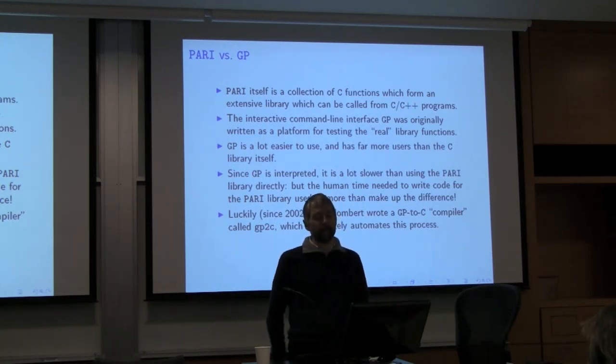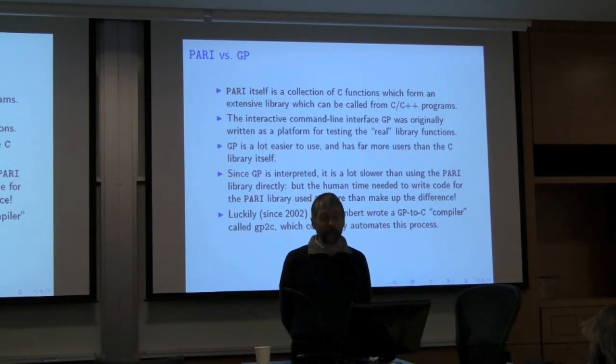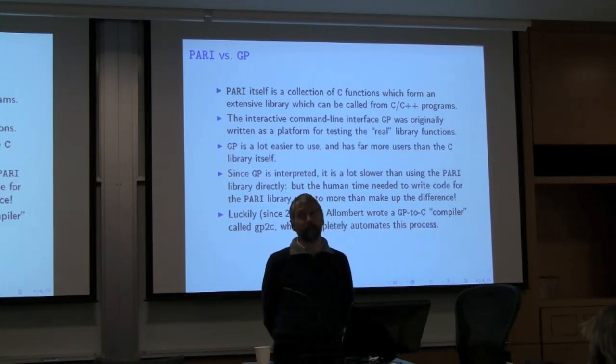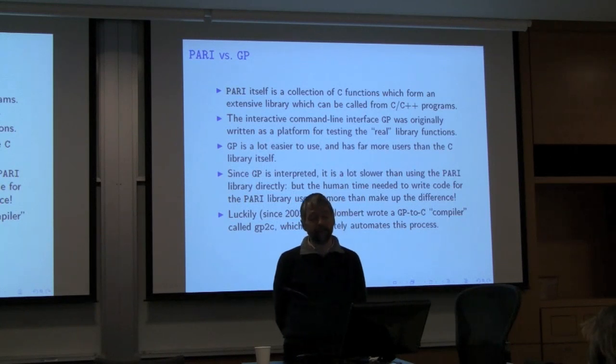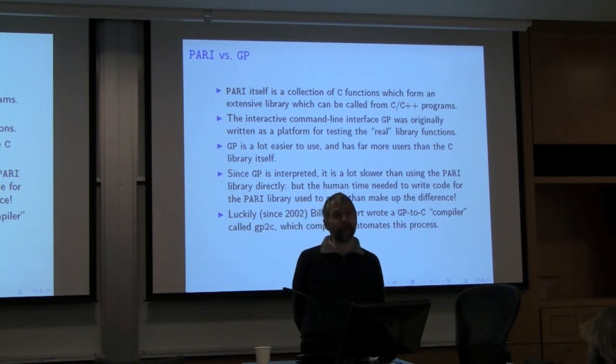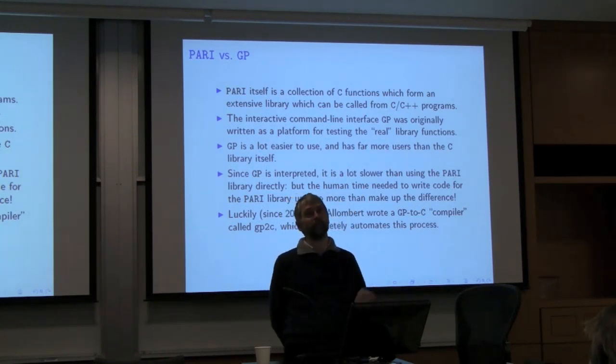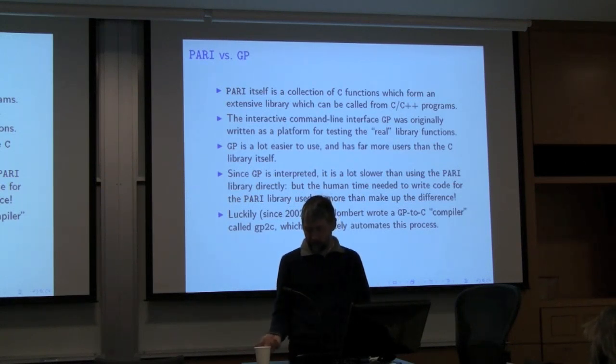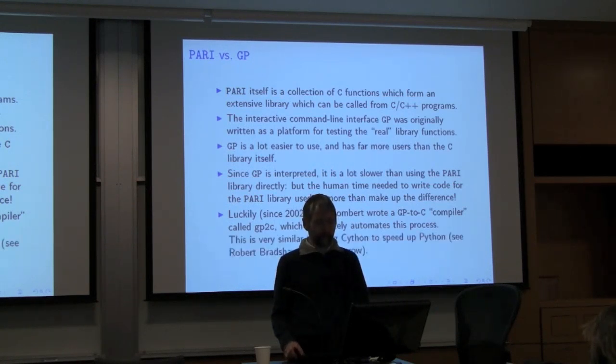There's a program called GP to C, which takes a GP script, and if it is written properly, it will convert it into a C program, and then you can compile it, and then you can even load it into your running GP session, and you can get a big speed up, a factor of 5 typically, or more, depending on the kind of thing you're doing. So you can now take a GP script, which is easy to write, and then use this compiler and get something that's fast. Sounds like Cython.